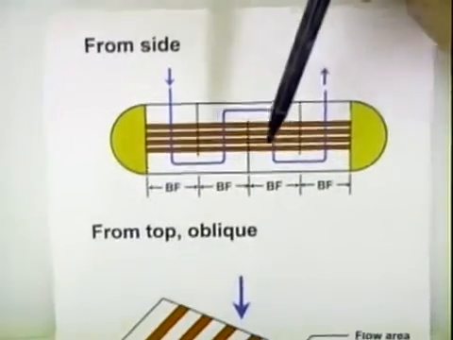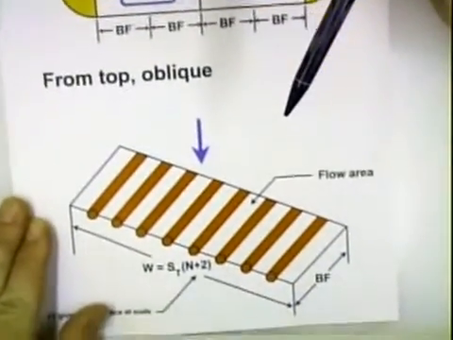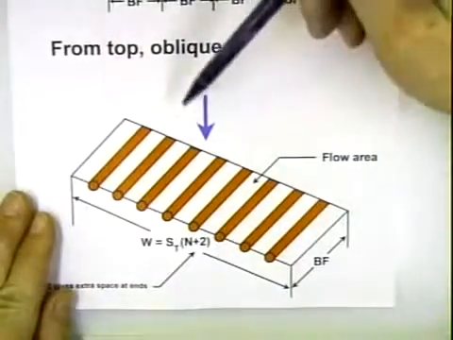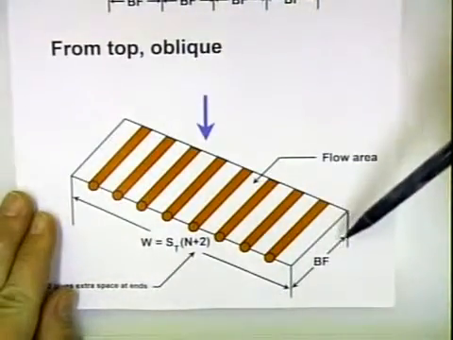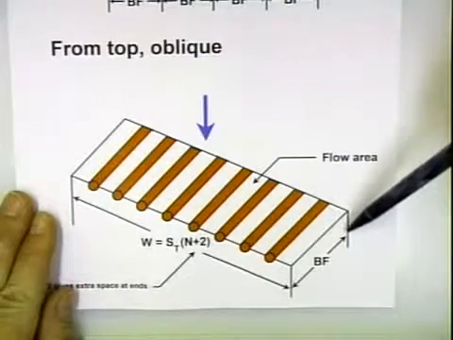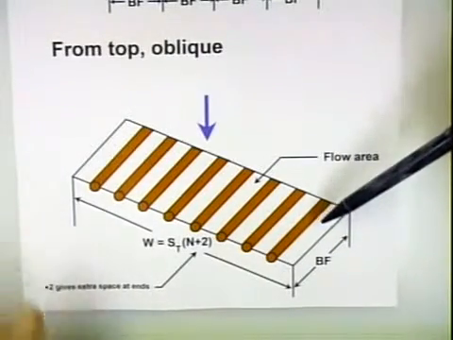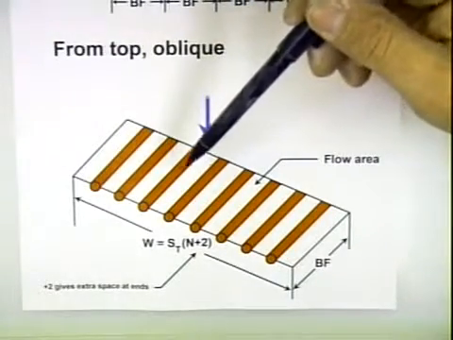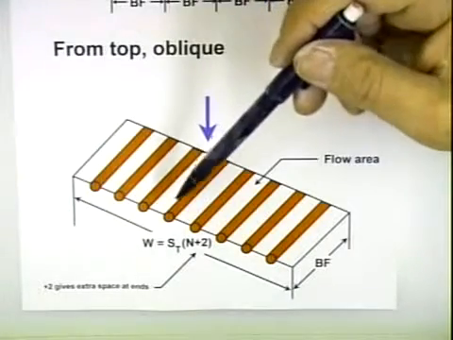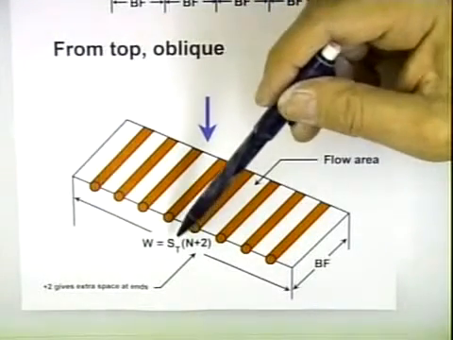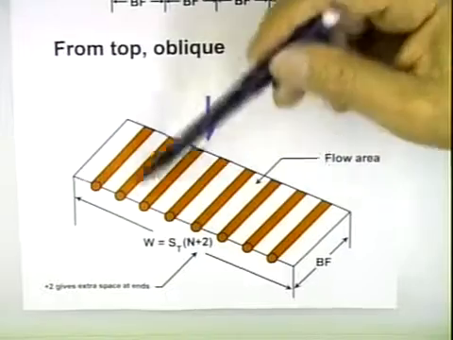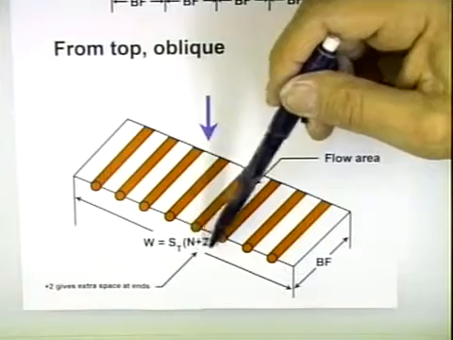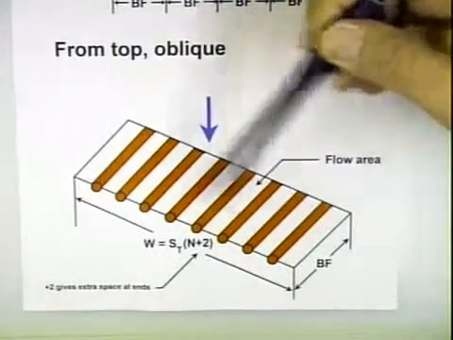Okay, now if we look at the flow as it's coming down into the tubes, notice I put BF over here. So this is the length of the tube within the baffle. Then the overall width of the heat exchanger I've chosen to be ST, which is the transverse pitch, the distance between these 2 tubes, times N, but I've added an extra 2 here to take into account space at the end.